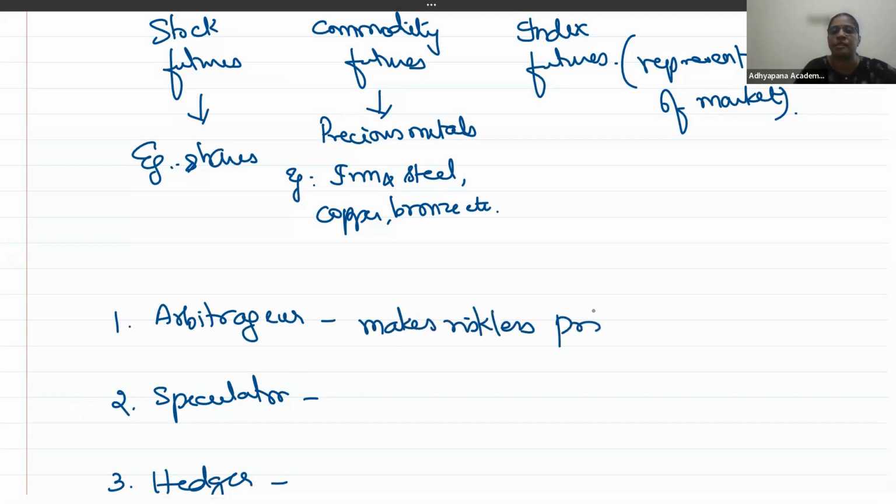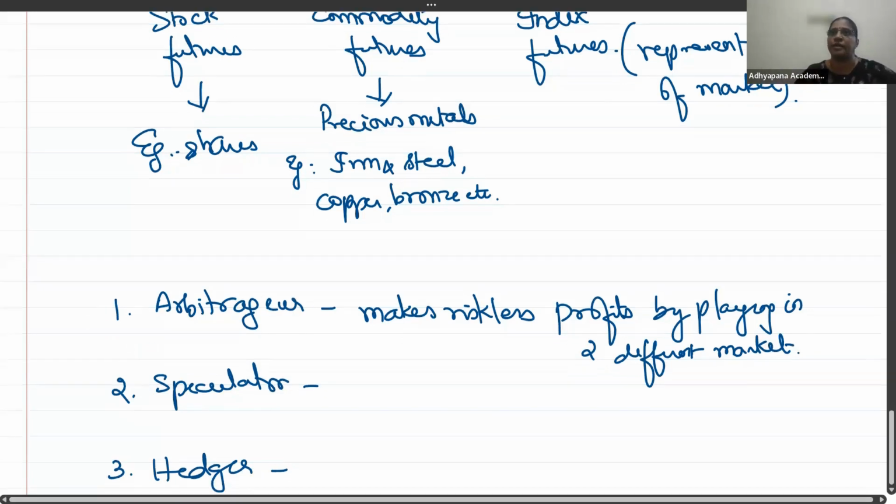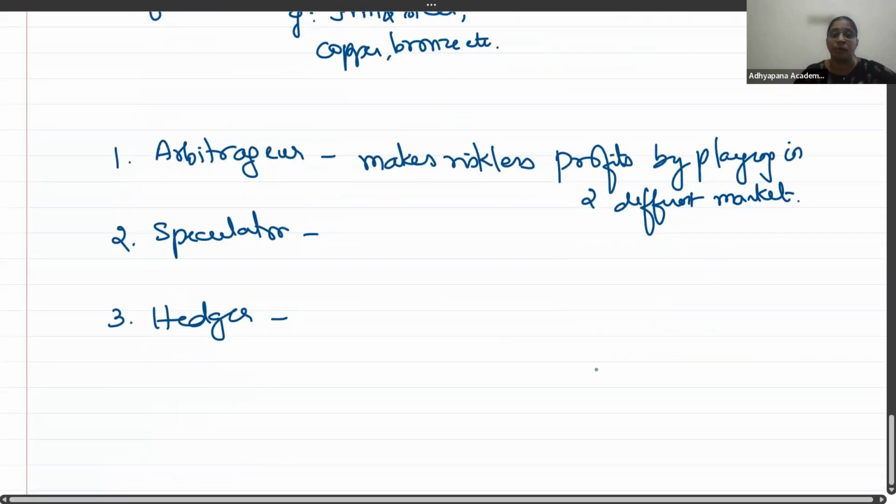He is a person who makes riskless profits by playing in two different markets. What are the two different markets? One is the spot market and the other is the futures market. So, what will an arbitrator do? He will either buy spot and sell futures, or sell spot and buy futures. That is an arbitrator, who does not take any risk.